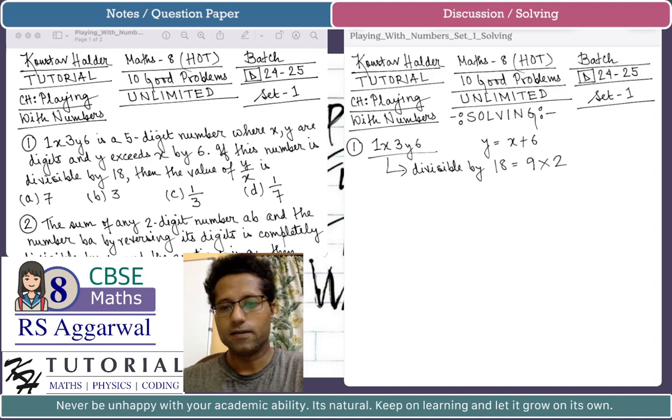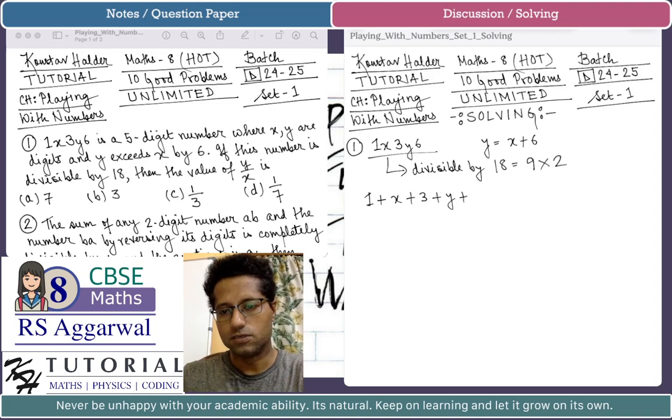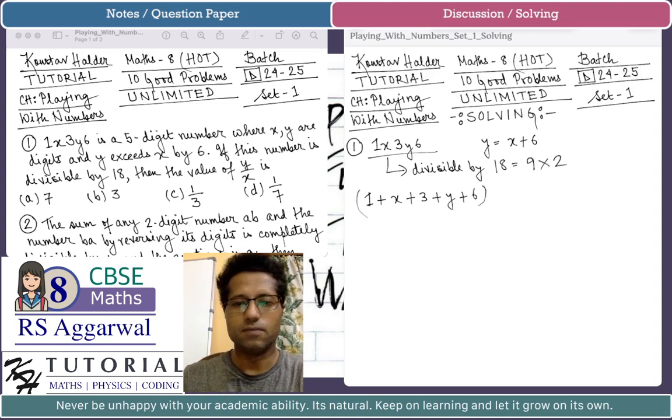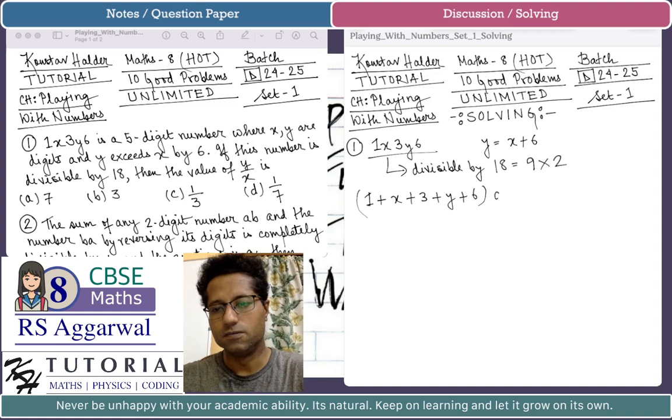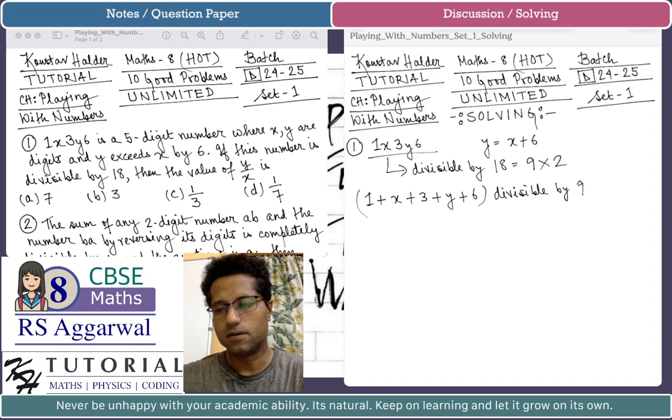To check that, the sum of the digits of the number must be divisible by 9. So this is the sum of the digits of the number, and this must be divisible by 9.